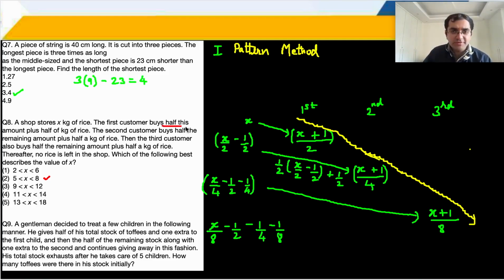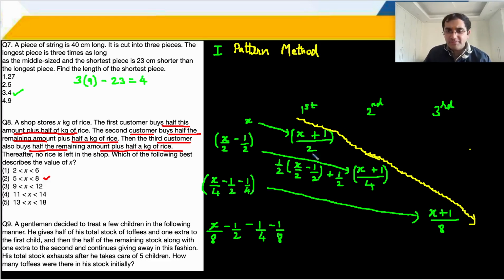What is repeating over here? Buys half plus half kg. Second customer buys half the remaining plus half kg. Third customer buys half the remaining plus half kg. So when something is being repetitive, then there can be a pattern over there. Right? If there is no repetition, then pattern कैसे बनेगा?